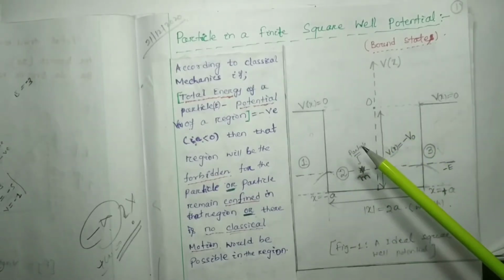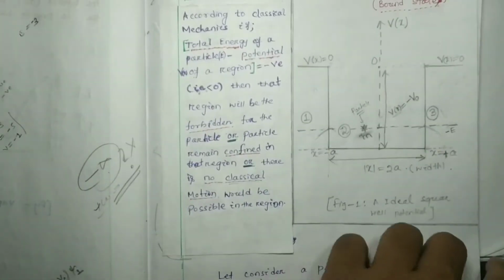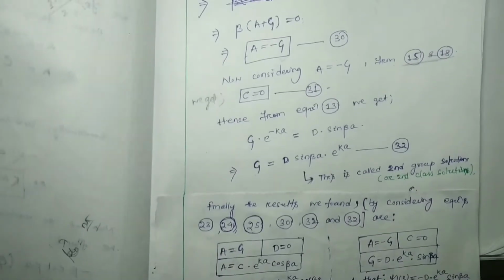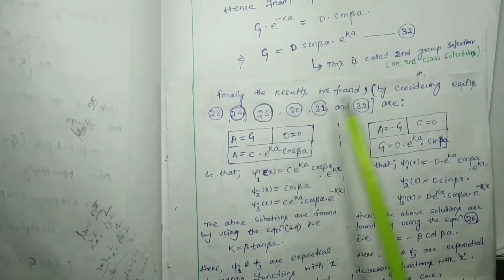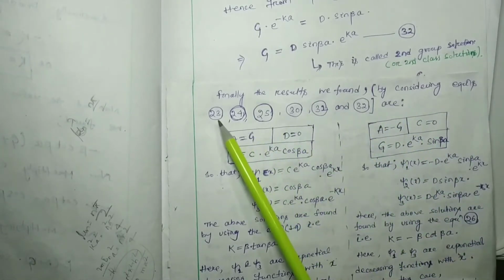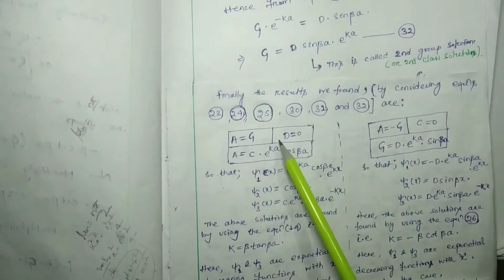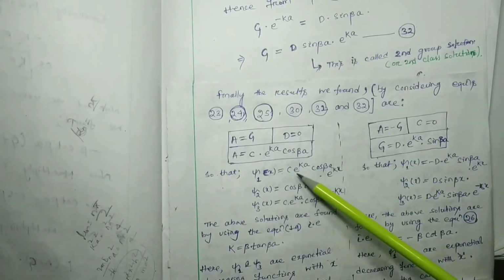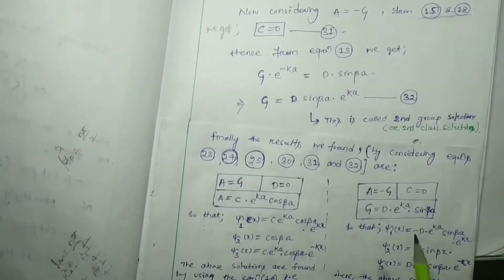In part 1 we discussed up to this much. Remember that by considering equations 23, 24, 25, 30, 31, 32, we got this and this. From here we are going to discuss in this video.